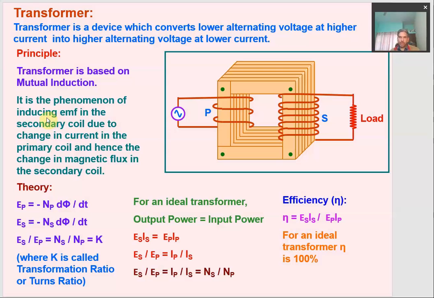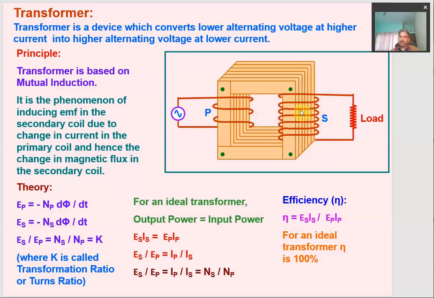So a transformer is just like this. There are two coils. One coil is called the primary coil, at which the input voltage is given, which may be high or low depending upon what kind of transformer we are using. It has some number of turns, called the number of turns in the primary coil, and there is another coil which is placed close to the primary coil. This second coil is called the secondary coil.